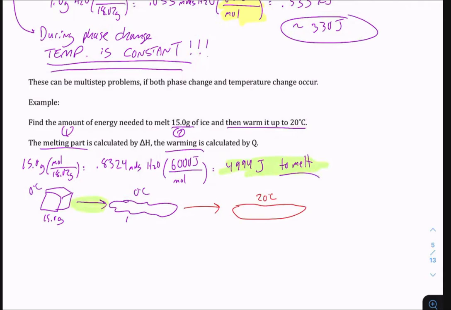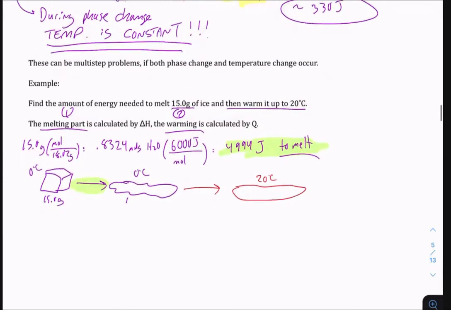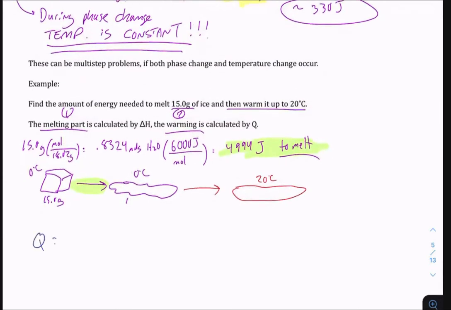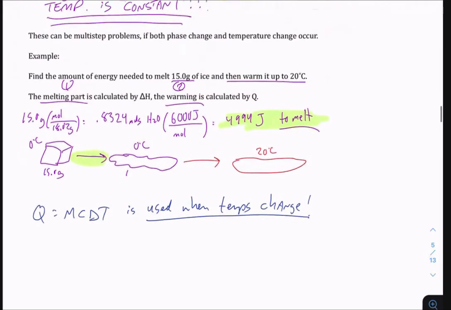And now we're going to calculate the energy needed to warm it up. The heat flow equation is used when temperatures change, so that would be appropriate here.